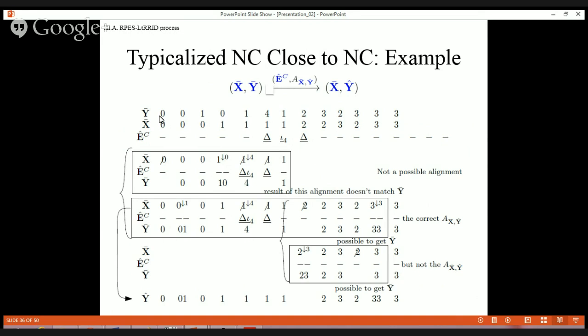Hence, X and Y, the actual edit, satisfy the condition of the typicalized edit pattern. So we can try to align X and Y based on a similar aligning algorithm as X and Y hat.